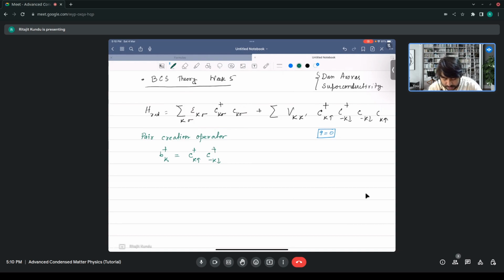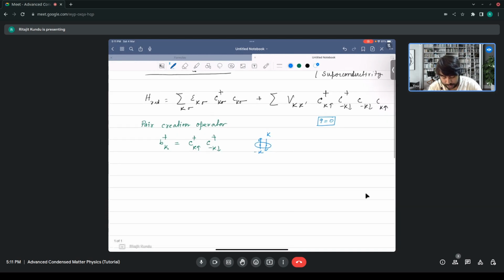What this does is create a pair of electrons with up and down spin, with k and minus k. This is not a Cooper pair. This is just an electron pair, you can think, up and down, and different k and minus k. So this actually does the job.